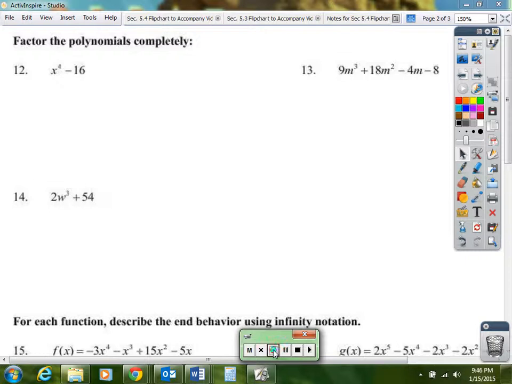But let us remember before we do any of these that we should always factor out the greatest common factor. Looking at 12 and 13, there are no common factors in all of the terms. However, in number 14, we will notice that there is a common factor. So let us go ahead and factor out the 2.